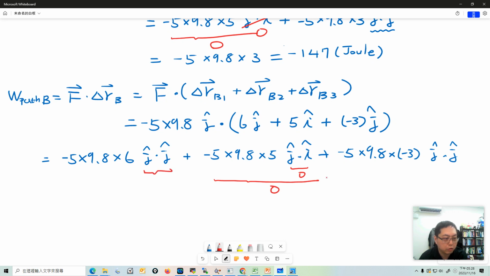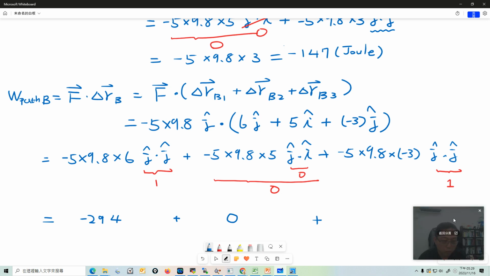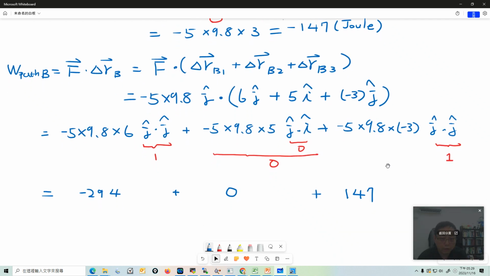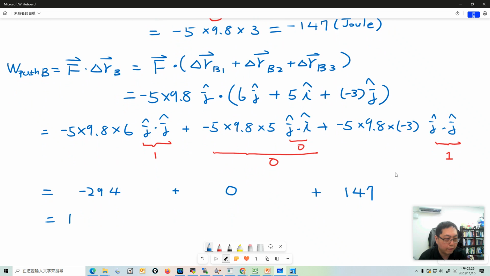So the first term is minus 5 times 9.8 times 6, which is minus 294, plus 0, plus 5 times 9.8 times 3, which is 147. In overall, the final answer is also minus 147 joule.